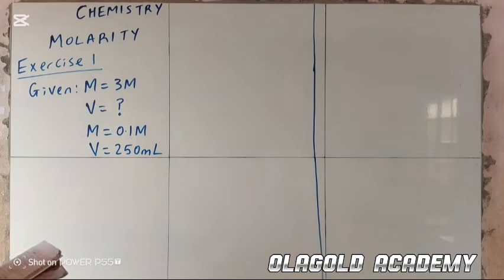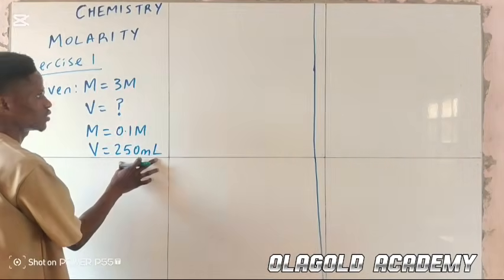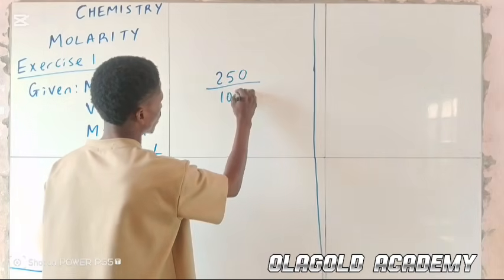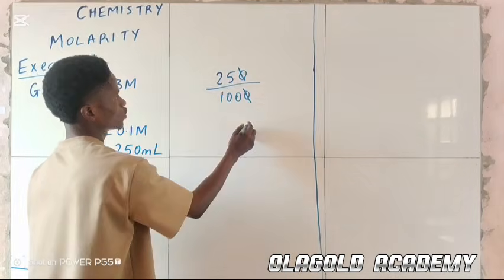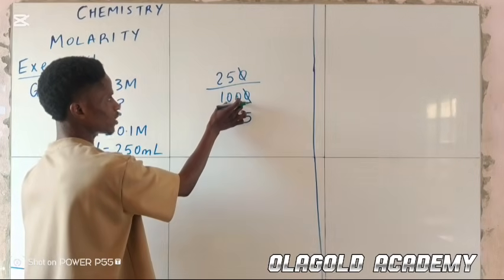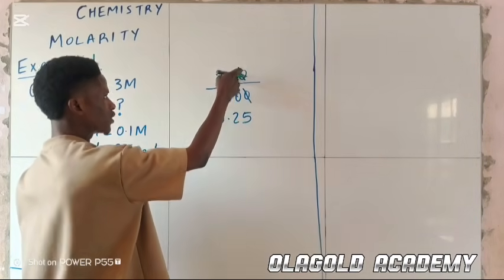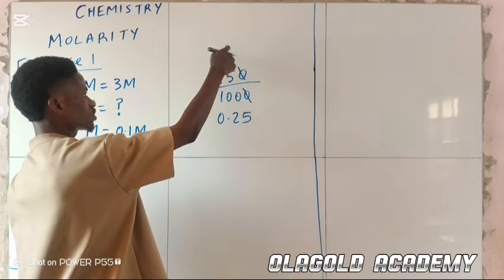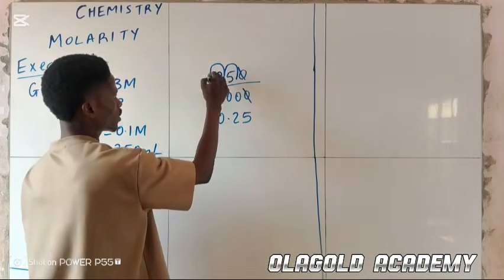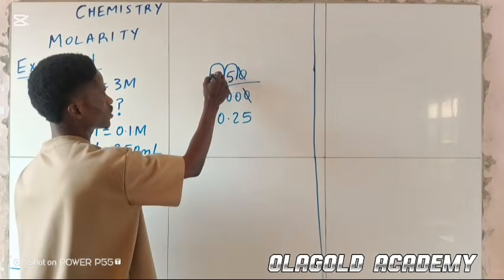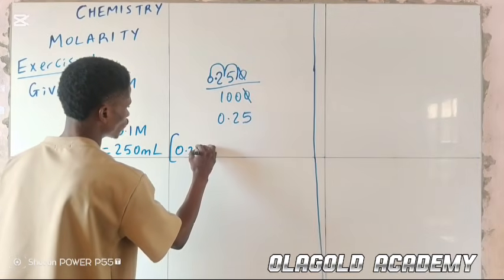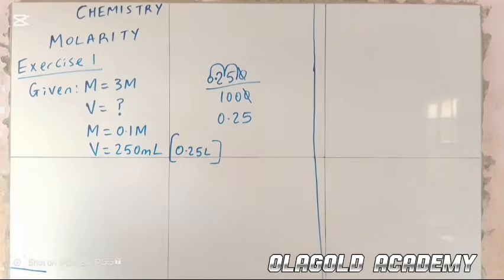Converting this to liters, that will be 250 divided by 1000. 0 cancels 0, so this becomes 0.25, because we are bringing the decimal point two times to this side, 1 and 2. So we have 0.25 liters.